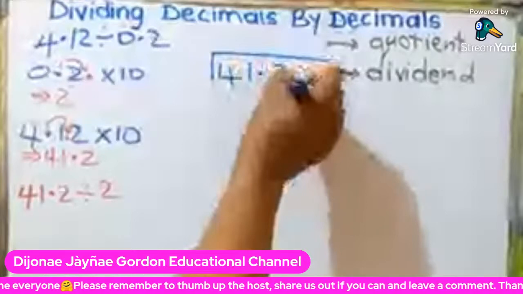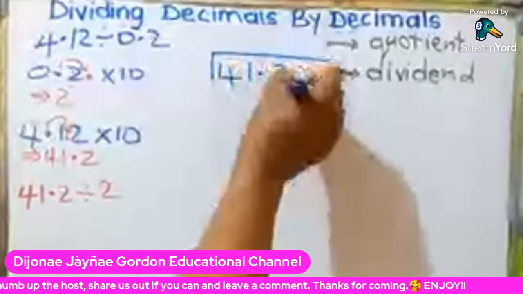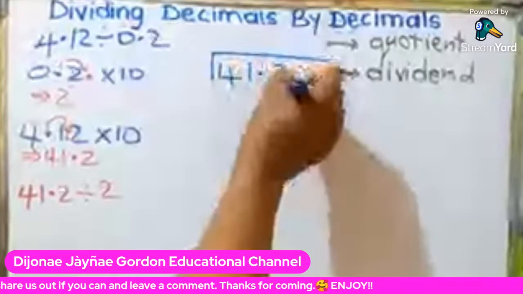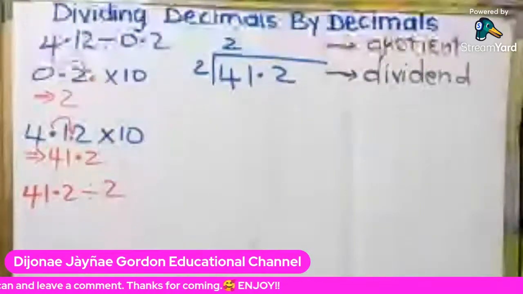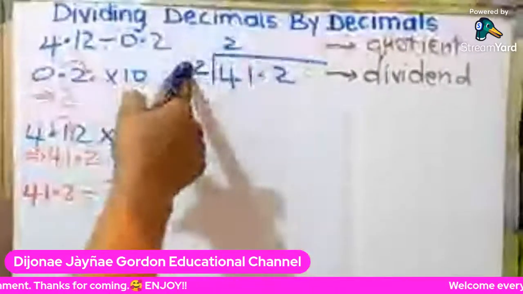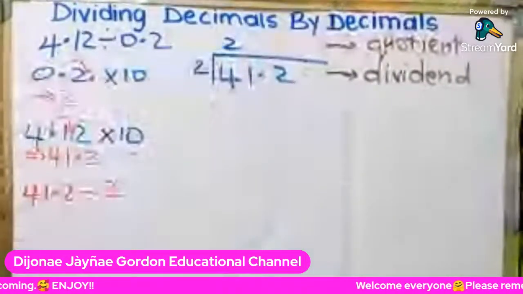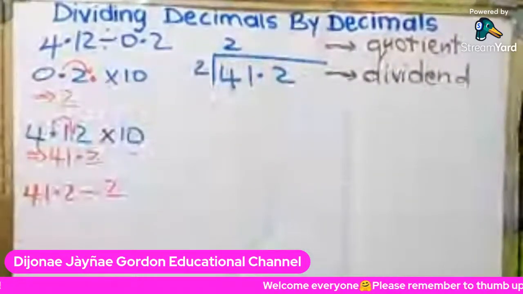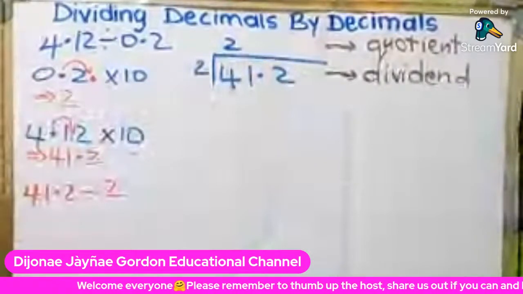All right. So I'm going to say to myself, how many groups of 2? This 2 multiplied by this 2. And of course, 2 multiplied by 2, you are going to get 4.